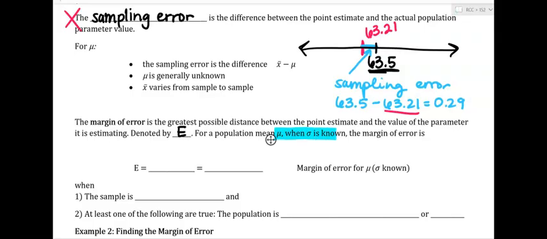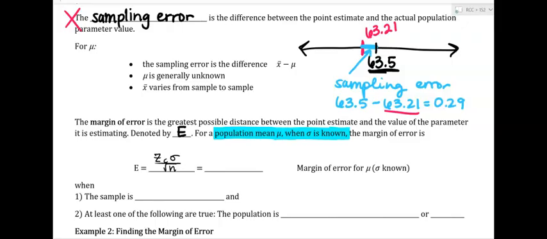It is specific to the conditions that you want the population mean mu when you know the population standard deviation sigma. That's the only time you can use this formula. E is equal to Z sub C, your critical value, multiplied by sigma, your population standard deviation, divided by the square root of n.